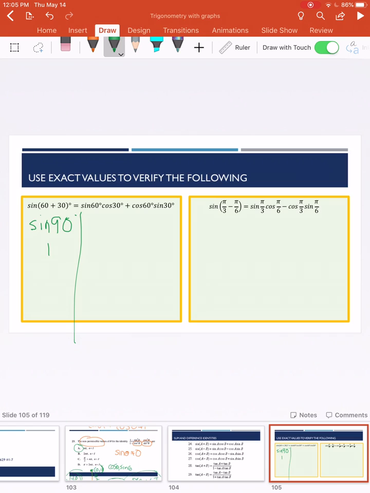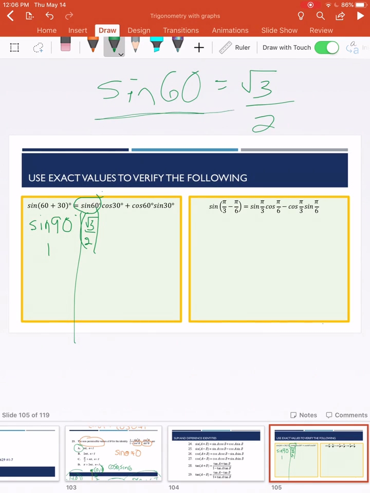So sine 60 degrees equals root 3 over 2. So I'm replacing this trig angle with the ratio, root 3 over 2. So notice how I don't write sine anymore, right? Because sine 60 degrees equals root 3 over 2. So I'm replacing that whole sine 60 degrees with its equivalent ratio.